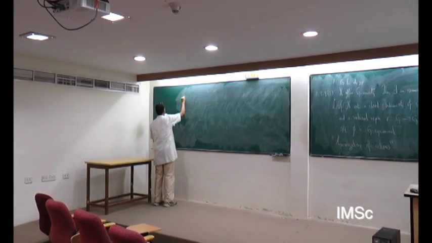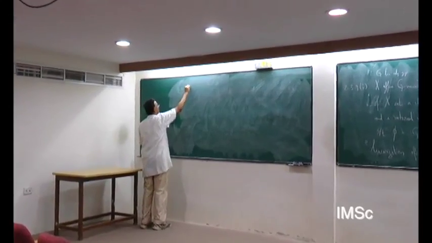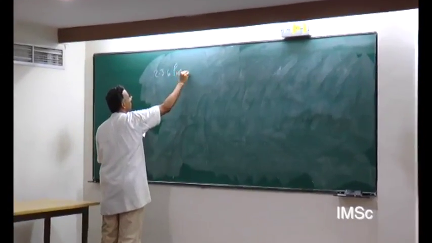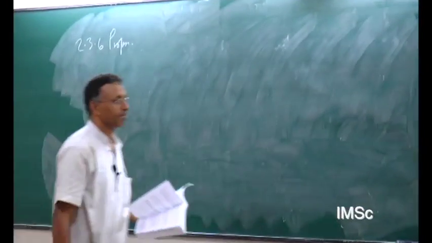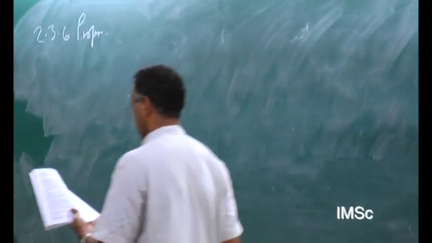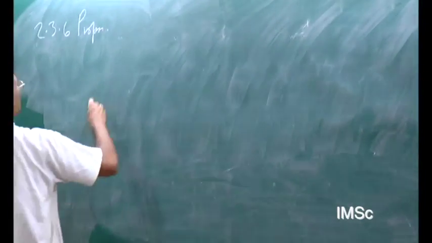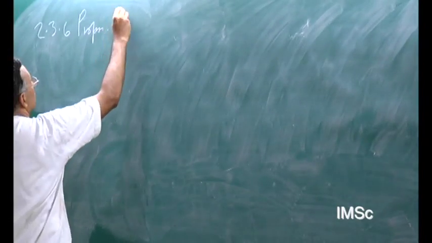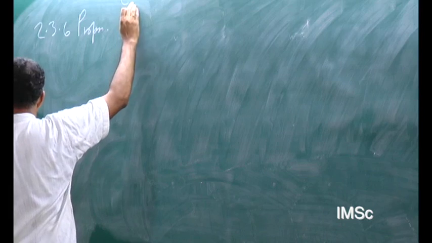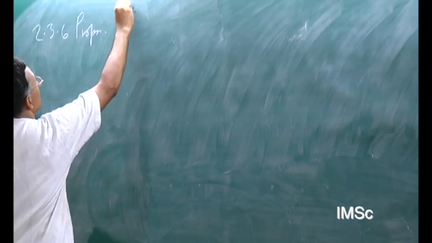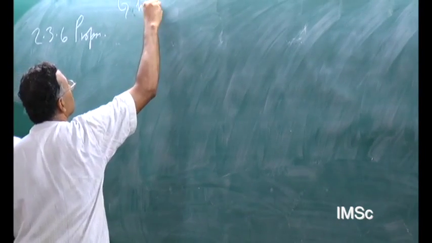So we are doing 2.3.6 proposition. G is a linear algebraic group.